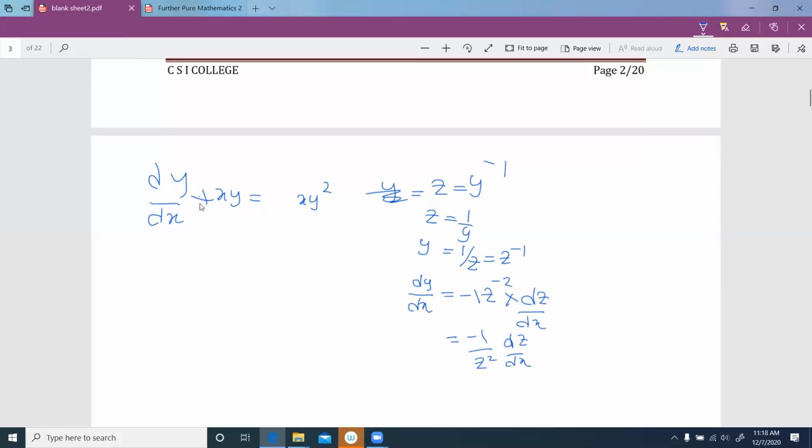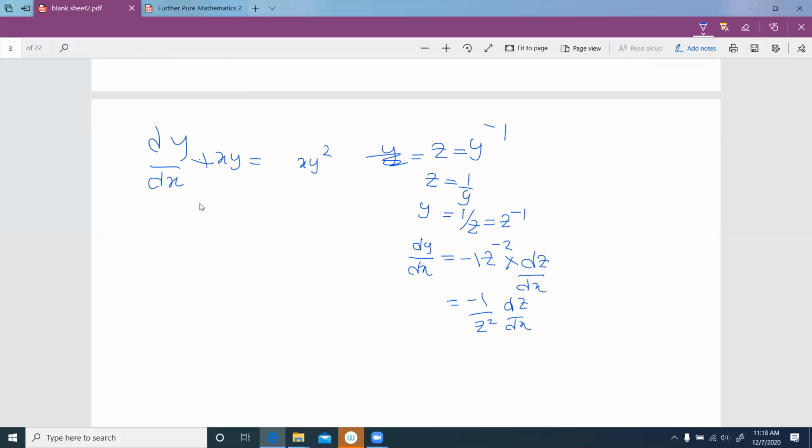Okay. Then over here, now I'm going to replace. dy by dx I replace with minus 1 over z squared dz over dx, plus xy. Y you can replace with 1 over z, that is x over z, is equal to x over z squared. So you have to just do it like this.